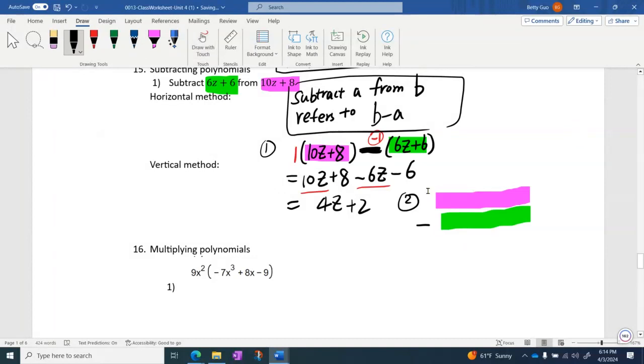We have the pink, which is 10z plus 8. We're going to put the minus sign in red, minus the green polynomial, which is 6z plus 6. And then I want you to do this: keep, change.